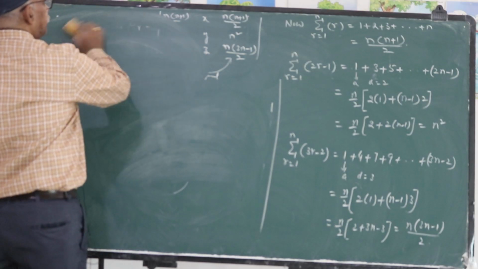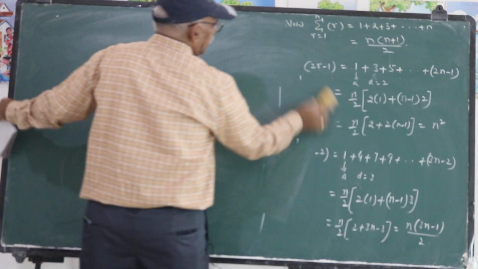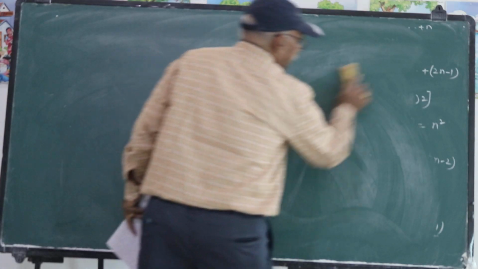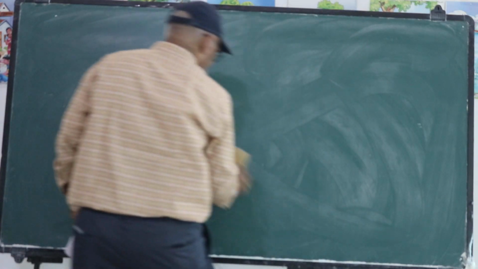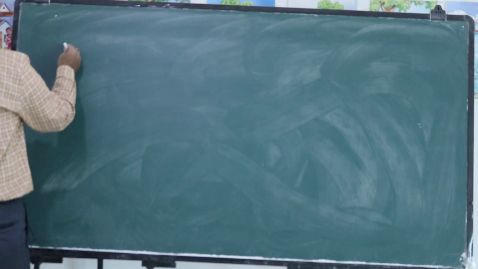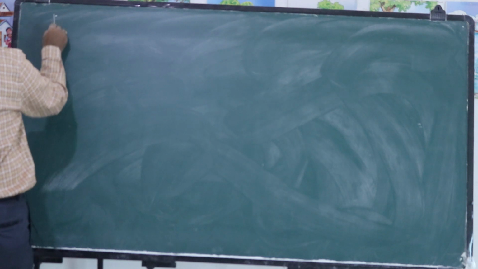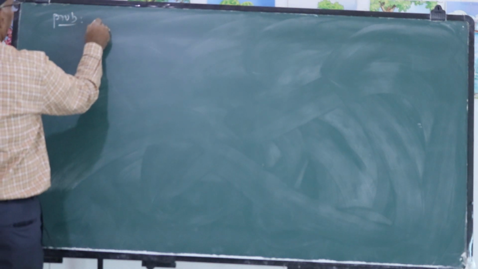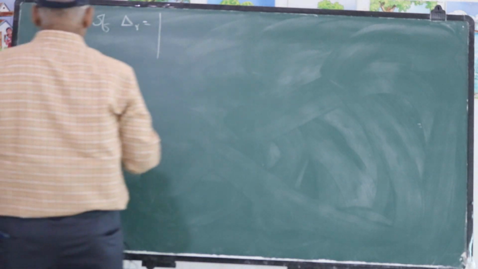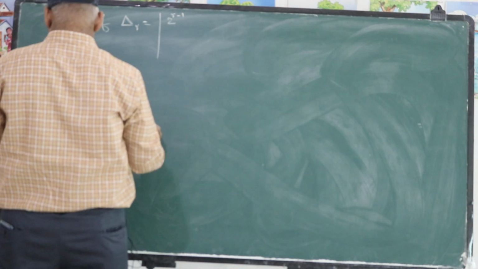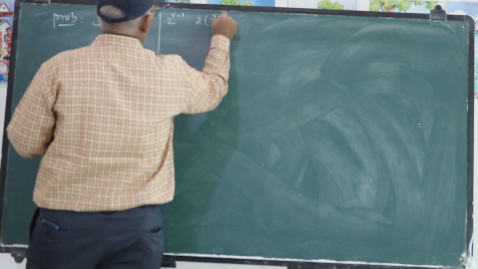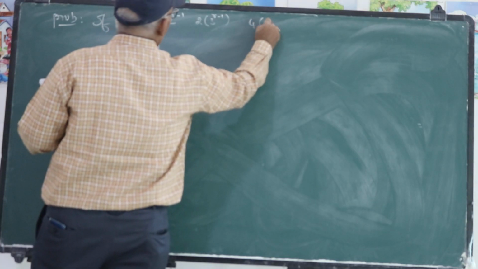One more problem based on the same concept. If delta r is the determinant given by 2 power r minus 1, 2 into 3 power r minus 1, 4 into 5 power r minus 1.